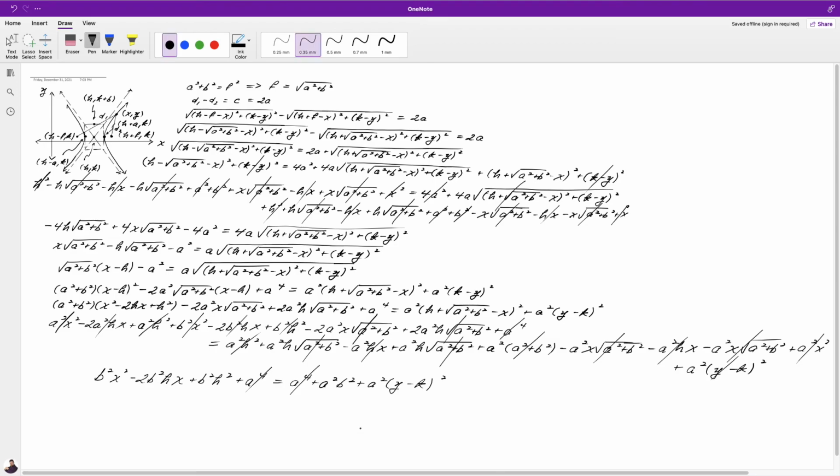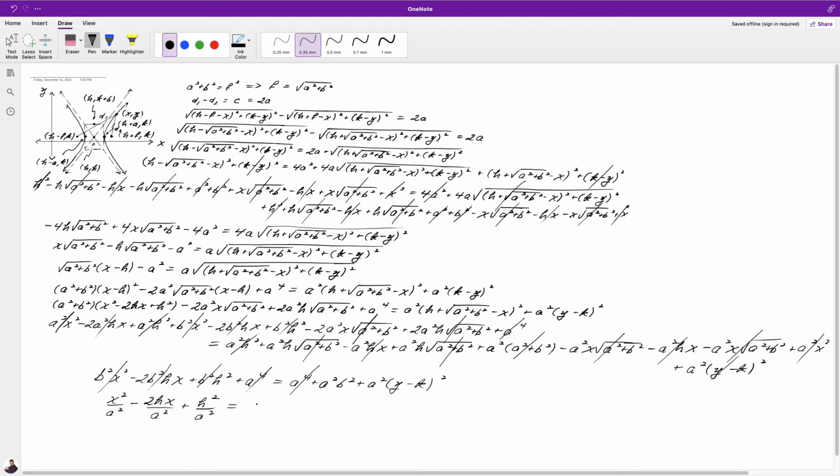Okay, and let's now go ahead and divide everything through by a squared b squared. Dividing everything through by a squared b squared, I'm going to get on the left-hand side x squared over a squared, minus 2hx over a squared plus h squared over a squared. Okay, so those have been accounted for.